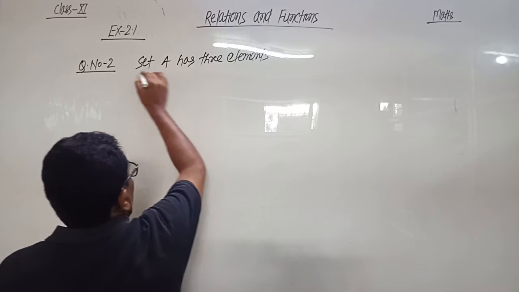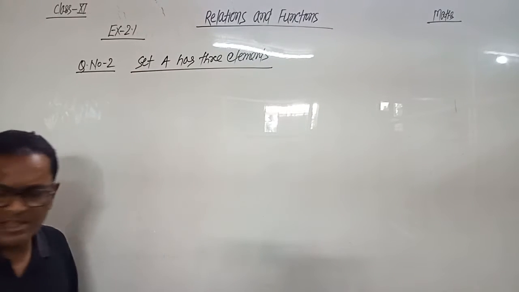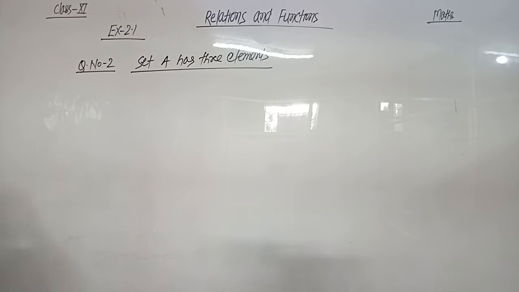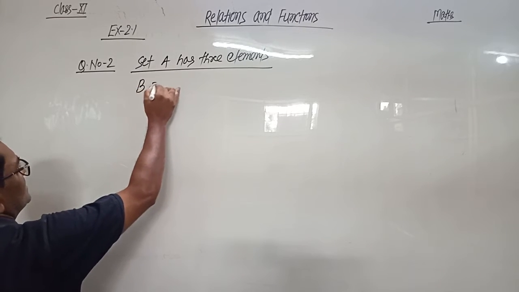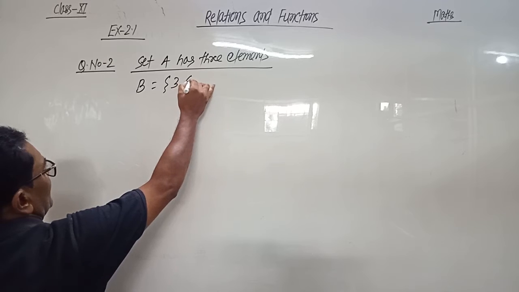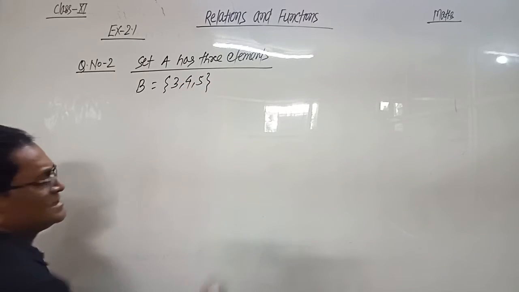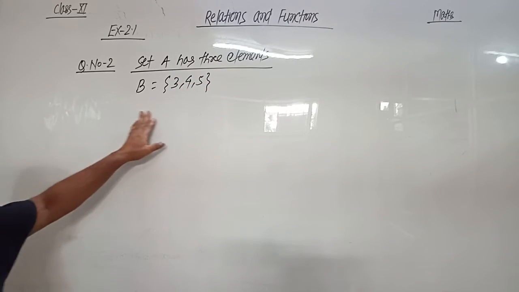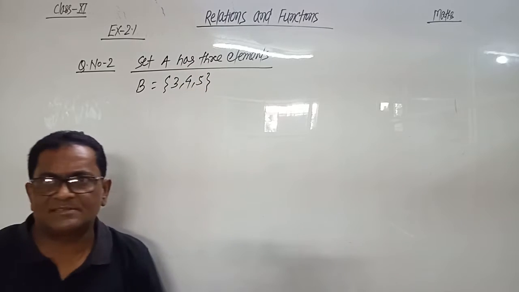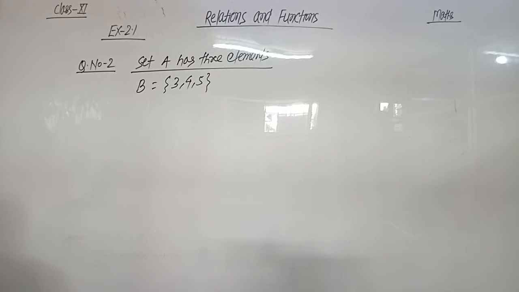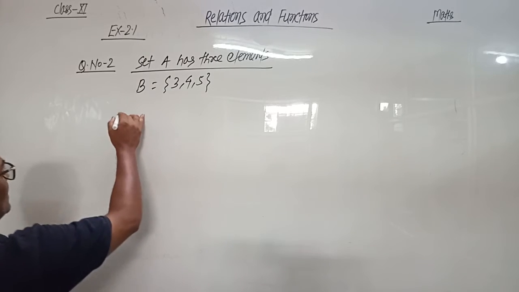We have given that set A has 3 elements and set B is {3, 4, 5}. It means in set B there are 3 elements, and also we have given that set A has 3 elements. Then find the number of elements in A × B.